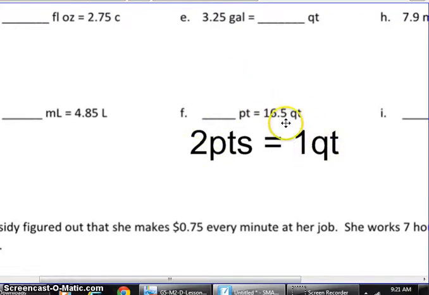So we times 2 by 16.5. Well, let's do it. 2 times 16.5.